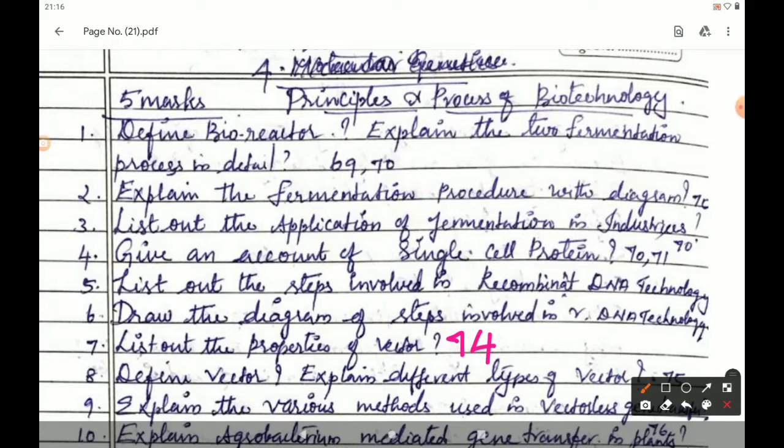From that, you should open the bracket: vectors should have a unique target site for integration with the DNA insert and should have the ability to integrate with the DNA insert it carries into the genome of the host cell. Close the bracket. The points for this question are 4 points. In the fourth point, you should write 4 lines.